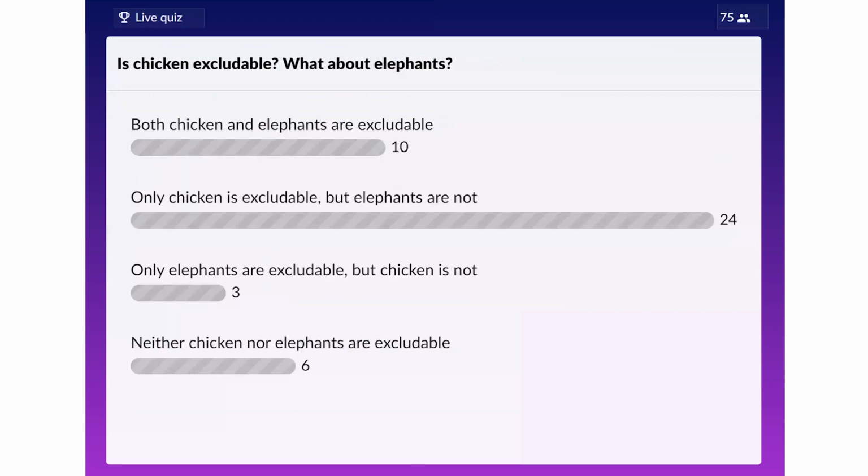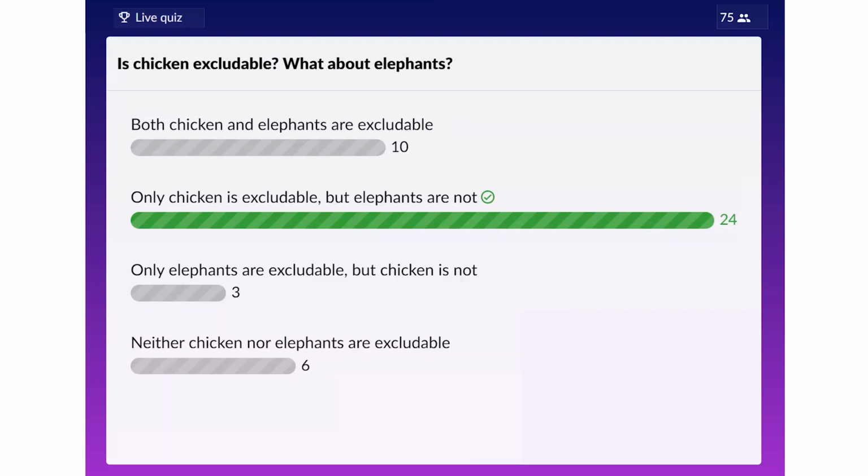Okay, the majority of you say that only chicken is excludable, but elephants are not. In some sense, that's precisely the problem, because elephants are wild lives that run here and there, but most chickens are grown in a confined area, or in farms and so on.